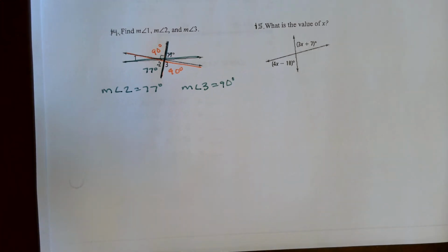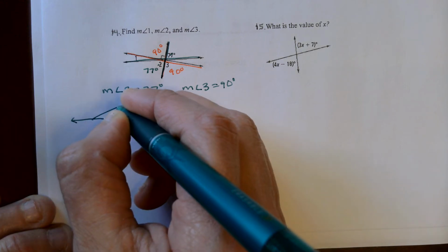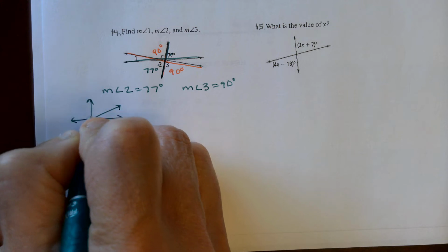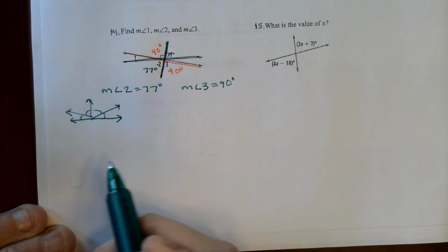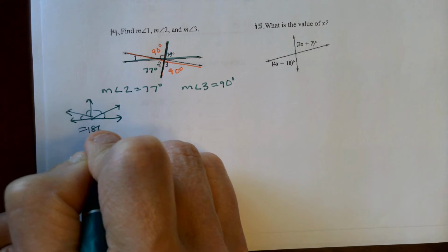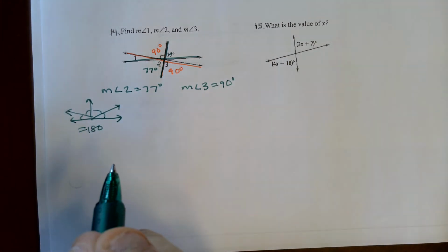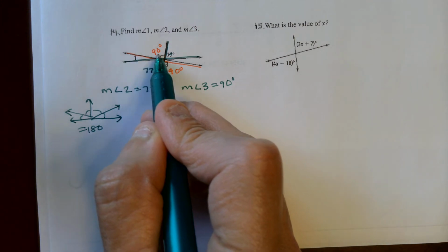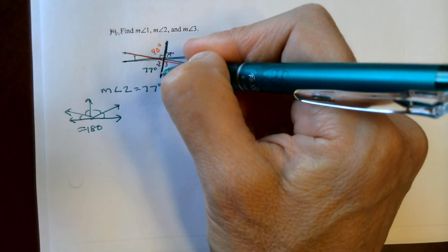And because we have learned that any angles on a line, that is a linear pair. But it doesn't matter how many angles I put on there, all of them added together are going to equal 180. So I can look in here and find one straight line and add those up. I could use this one, or this straight line. It doesn't really matter.